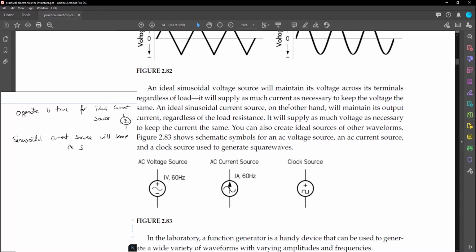Sorry, we'll keep current the same. So we'll keep the current the same, but change voltage. It will supply as much voltage as necessary.